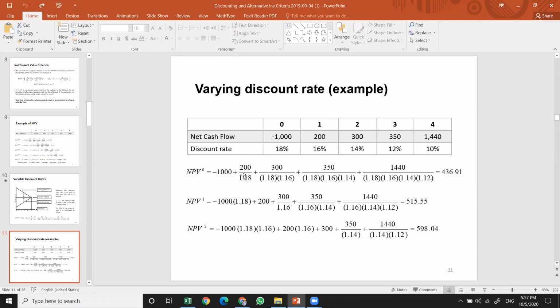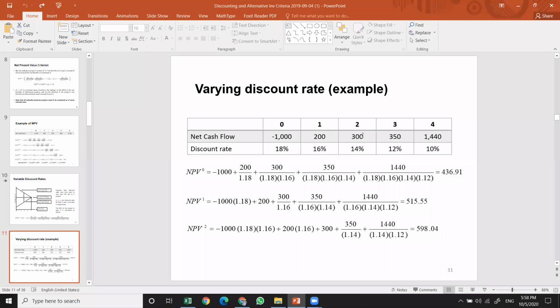What are you doing here? Look. You start with the 200, discount the 200 from year 0 to year 1, 18% only. So 200 divided by 1.18 plus minus 1,000. 200 treated.